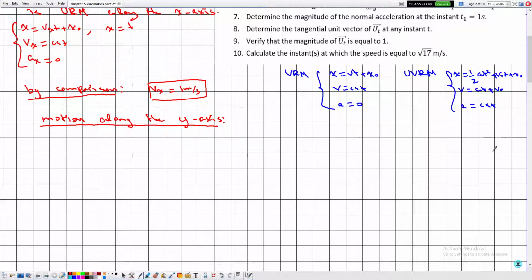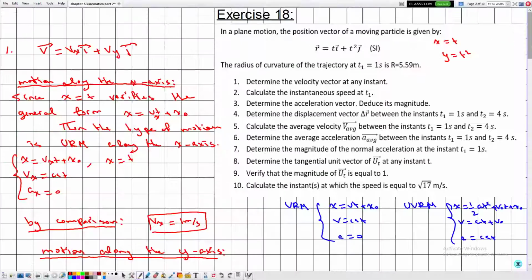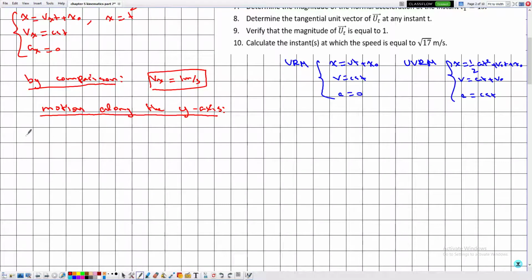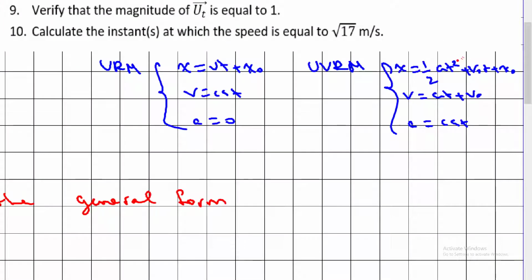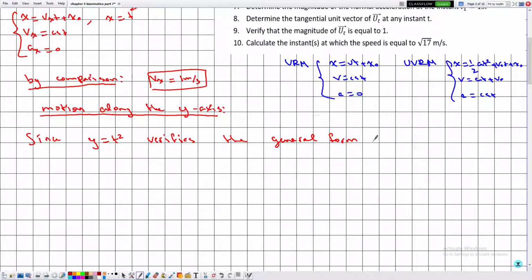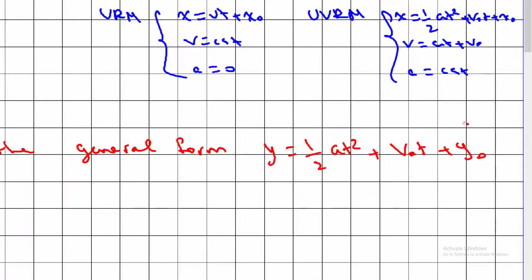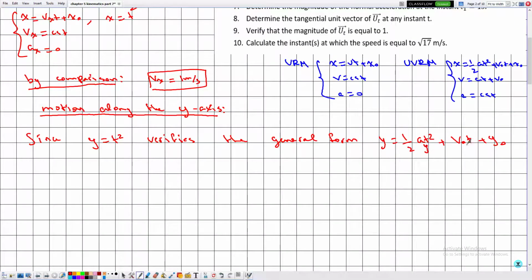Now y is equal to t squared. Let me say since y is equal to t squared verifies the general form. So notice that in this case the position is quadratic in time. Quadratic in time means that the motion is UVRM. It verifies the general form, which is given by y is equal to half at squared plus v0t plus y0. Okay, in this case, because the motion occurs in two dimensions, we need to distinguish between different components, then ay, v0y.